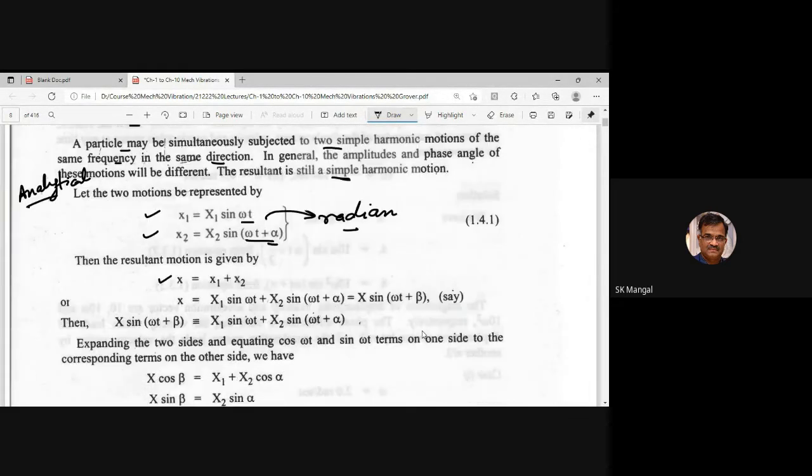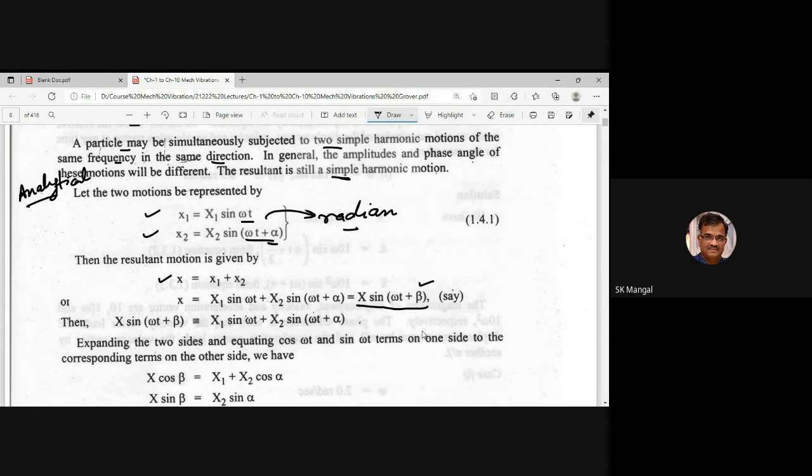You have to note this point. So when you sum these two simple harmonic motions, you can write these two here, and the resultant is given by this, where beta is the phase difference of the resultant with respect to x1.